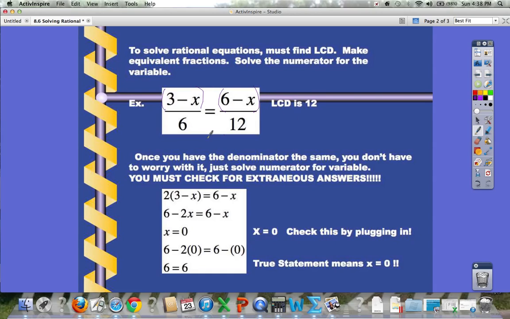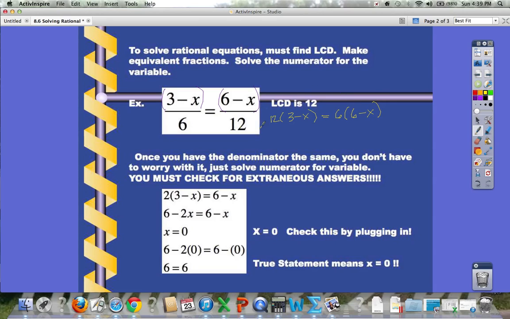Now when you do cross multiply, you need to multiply 6 times all of this and 12 times all of that. Okay, and you'll get, let me do it as if I was going to do a proportion, and I'll show you the way that I set up on the screen. That would be 12 times 3 minus x. Does that equal 6 times 6 minus x?